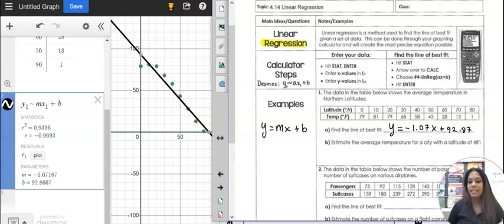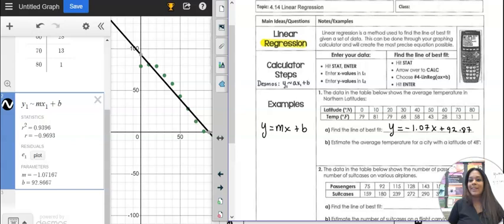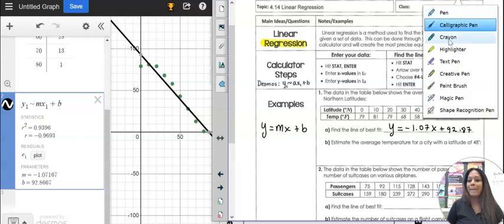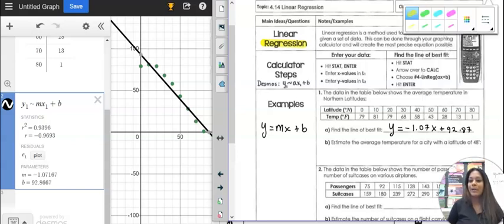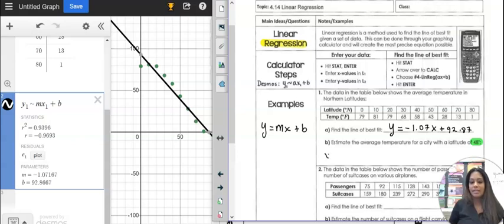For example, the next part says, estimate the average temperature for a city with a latitude of 48. So basically what we have here is we want to see what my y value is when my x value is at 48. So my latitude is at 48.